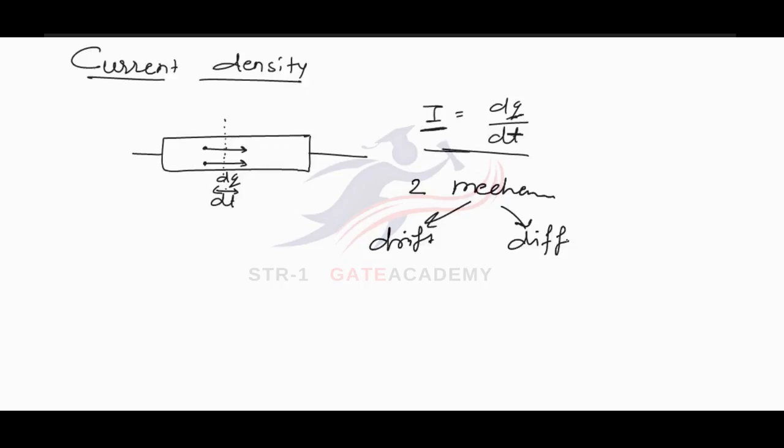In drift mechanism, we apply an electric field, and due to this electric field the charge carriers move, while in diffusion there is motion of charge carriers due to change in concentration. If a concentration gradient dn by dx or dp by dx exists in the material, then the charge carriers will move from higher concentration to lower concentration.